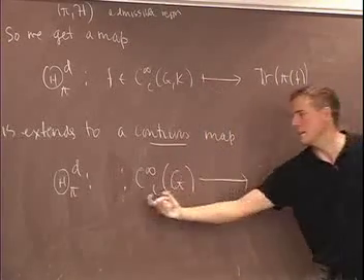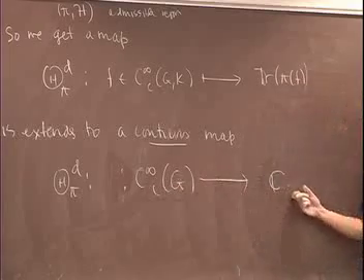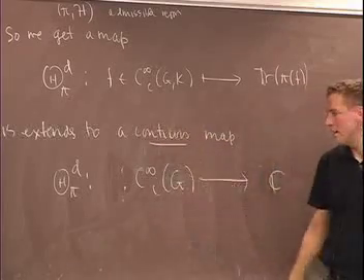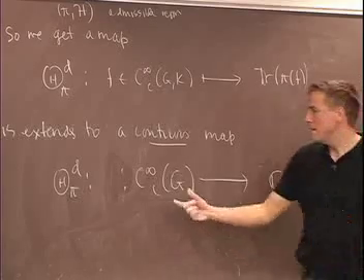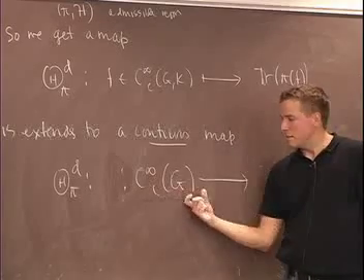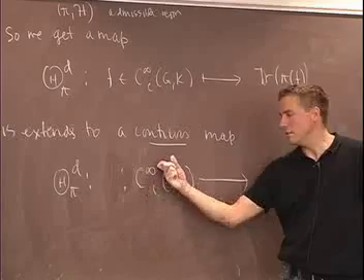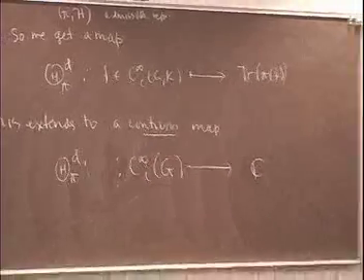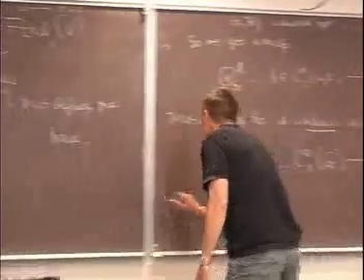Using the density, we can extend that to a map from here to here. And then you have to check separately that it's continuous. That's another step. Okay? And so a continuous map on the space of so-called test functions, smooth functions with compact support, that's what's called a distribution. So this is the distribution character.